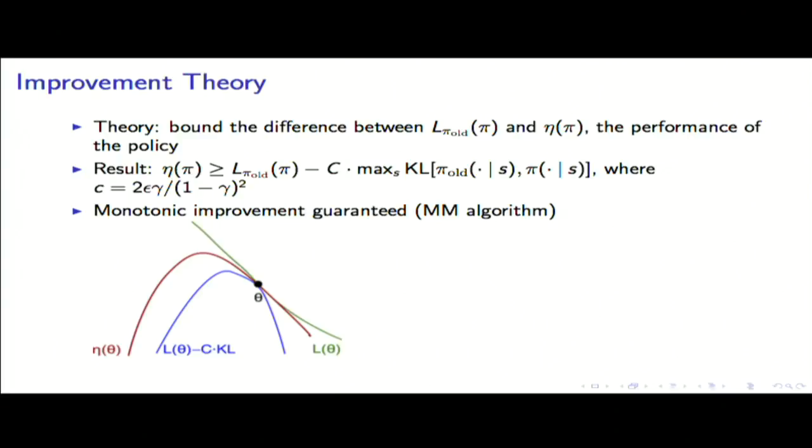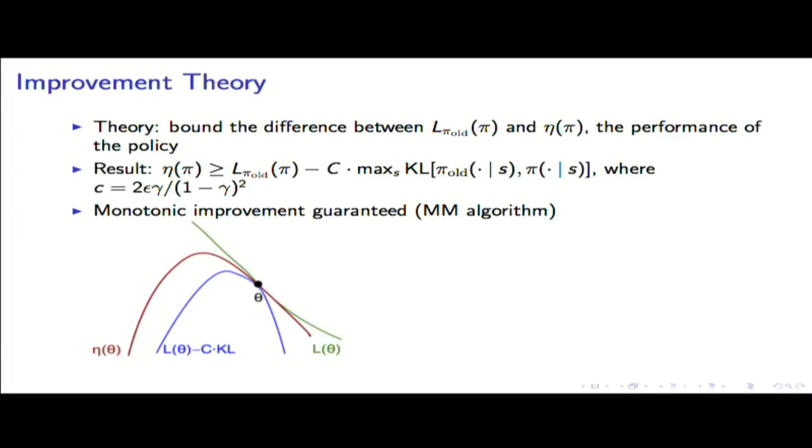So it turns out we have this inequality that says that if you add a penalty term that penalizes moving theta away from theta old, then we don't know how good the policy is going to be, so we penalize the policy for that. We add this penalty term, and we get this blue curve. The theoretical result says that this is a lower bound on the true performance of the policy eta.